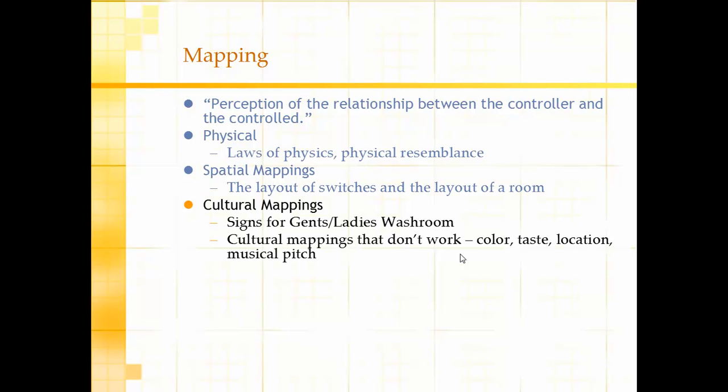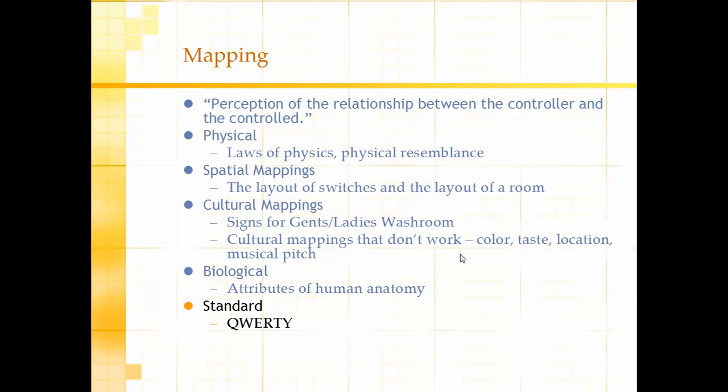There could be cultural mapping. Sometimes cultural mappings don't work, and they are based on color, taste, location, musical pitch, and so on. There could also be biological attributes of human anatomy. And then there are certain standards which everybody tries to use, like the keyboard standard.